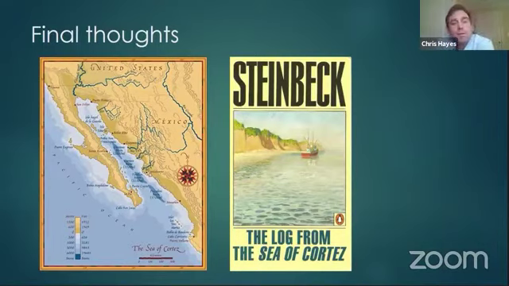So when I was in high school, I had to read some John Steinbeck books. I remember Grapes of Wrath, Of Mice and Men. But he actually wrote this other nonfiction book where he got to go on a research cruise into the Sea of Cortez, which is also called the Gulf of California, between Baja California and Mexico.